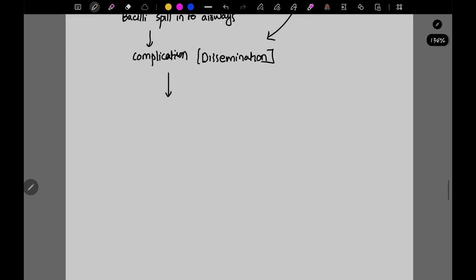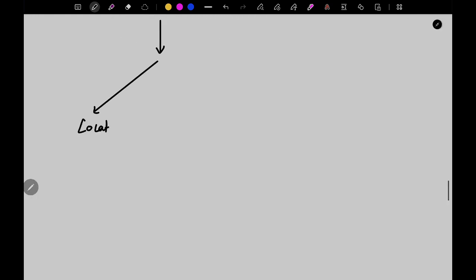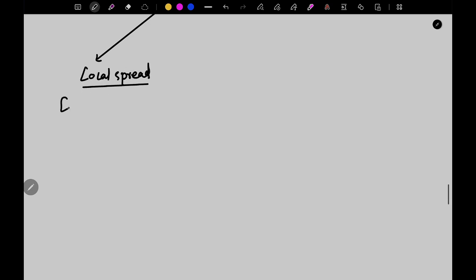These bacilli can spread locally and systemically through the hematogenous route. If they spread locally, they can cause extensive lung cavitation. Many cavities form inside the lung.